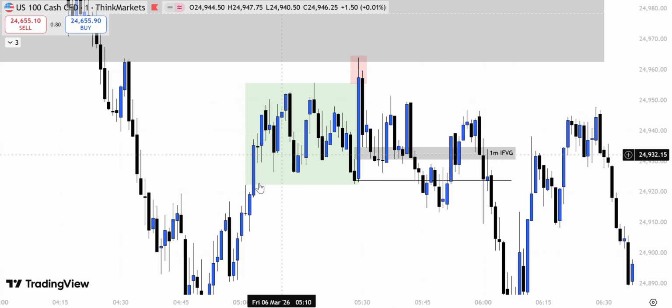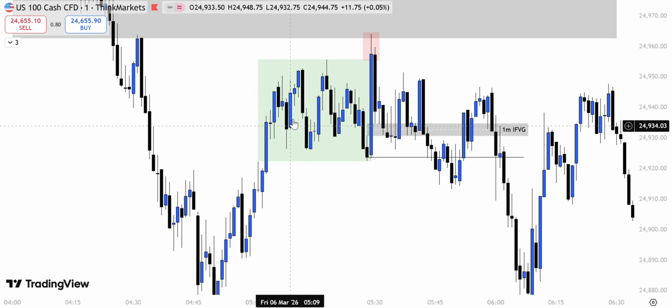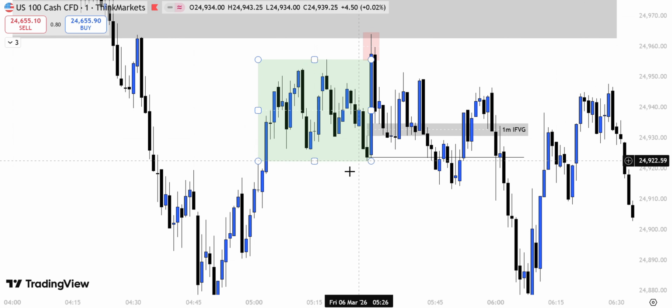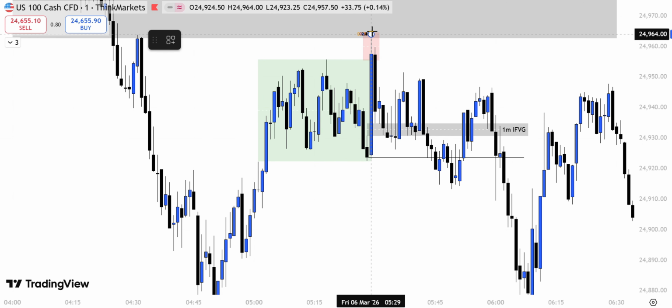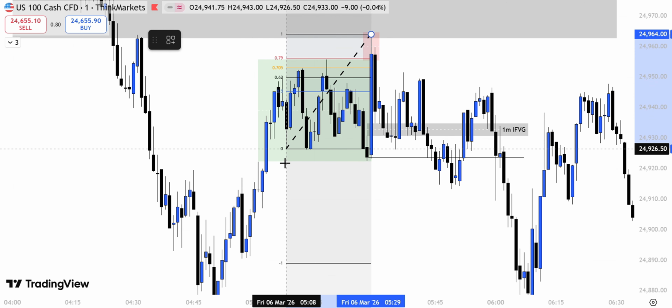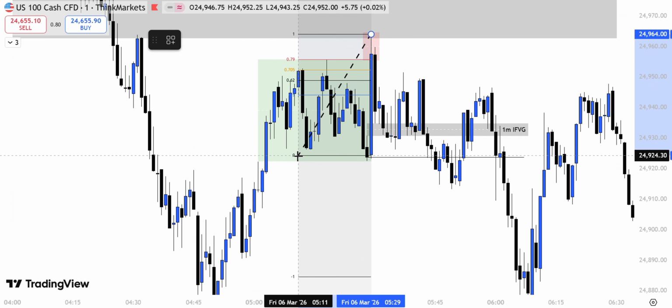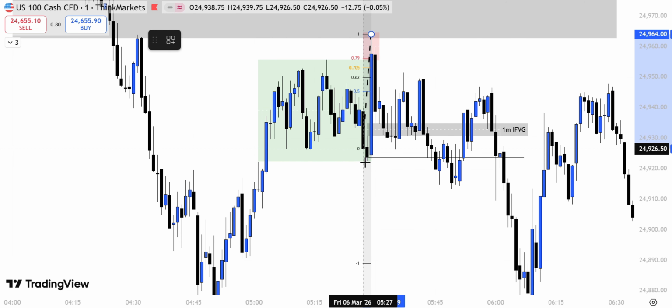So you got this expansion move that caused the accumulation and the manipulation, and you're going to grab the fib tool. You're going to place it at the high of the manipulation when it touched the fair value gap, the highest point of the manipulation. It has to be a wick, it can't be a body, and you just drag it down towards the nearest pullback of the expansion towards the manipulation, which in that case, would not be this one.